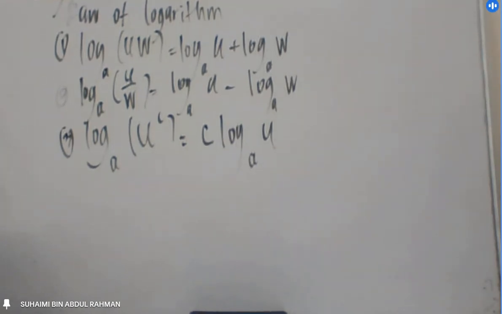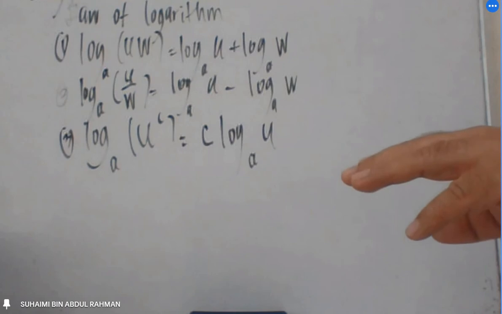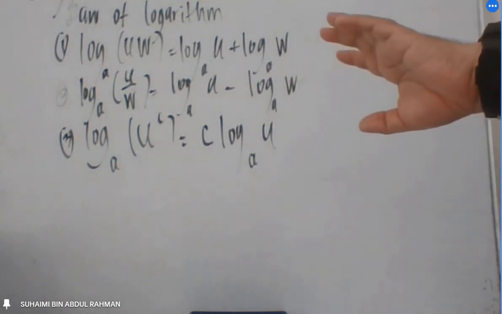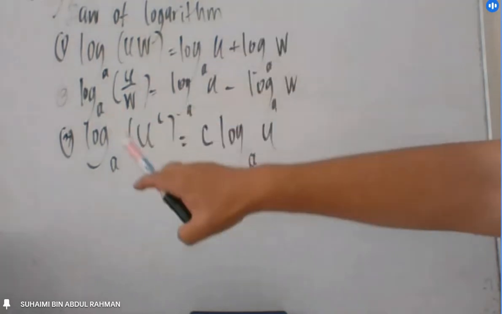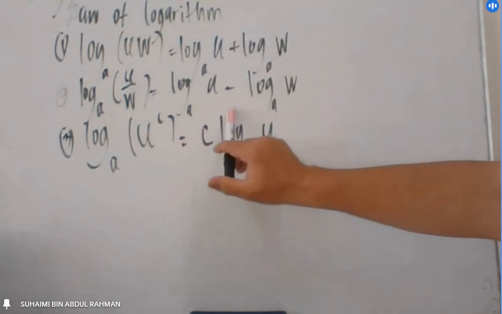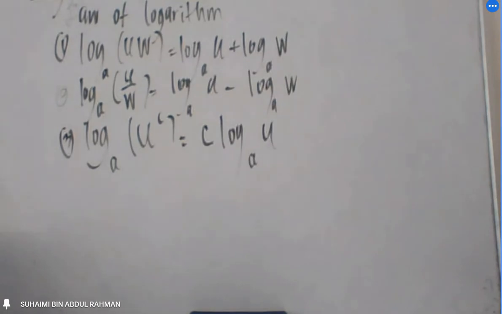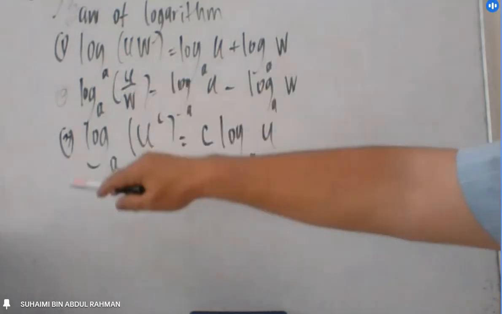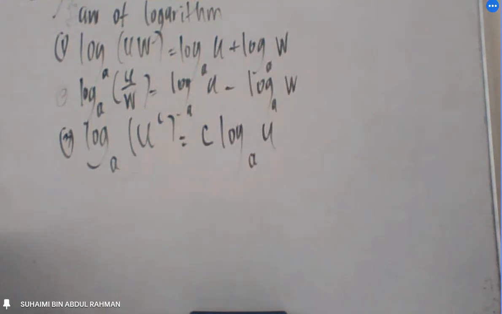Those are the 3 laws of logarithms. For the last one, c is multiplied by log a u.